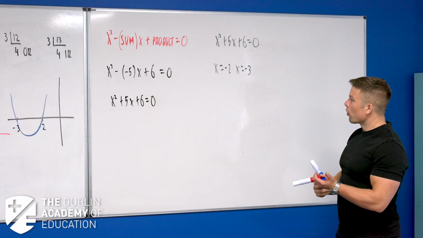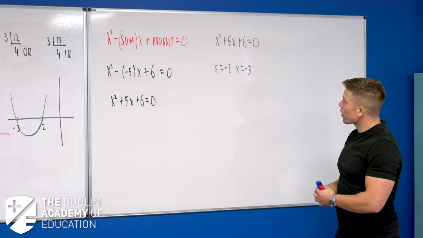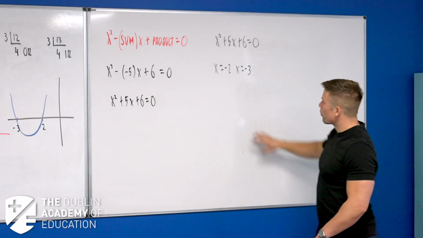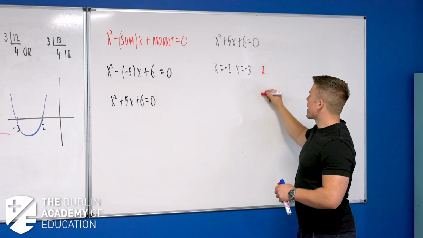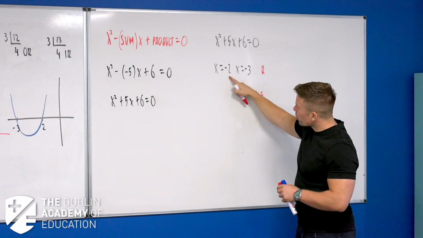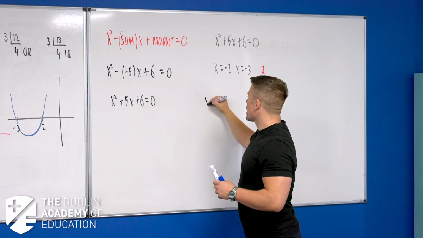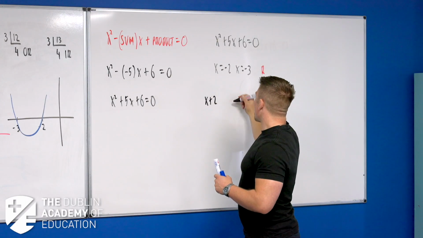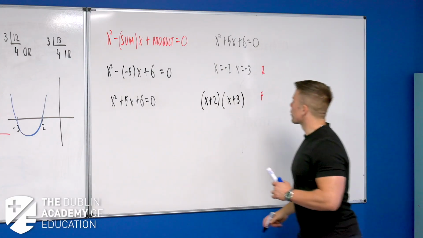There is another way of going about it. If we just work backwards to what we've done over there, we have roots, and from those roots, we can get factors. By just bringing that across the equal sign, that will give me a factor. We've got x plus 2, and we've got x plus 3.